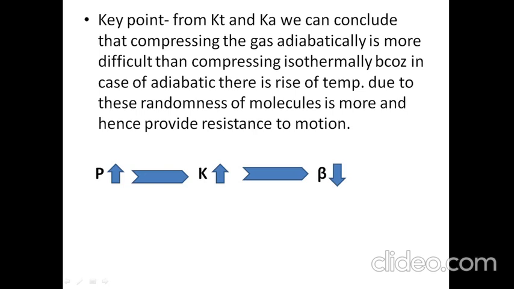Due to this, randomness of molecules is more, and hence it provides resistance to motion. From this, we can conclude that on increasing pressure, bulk modulus increases and compressibility decreases.